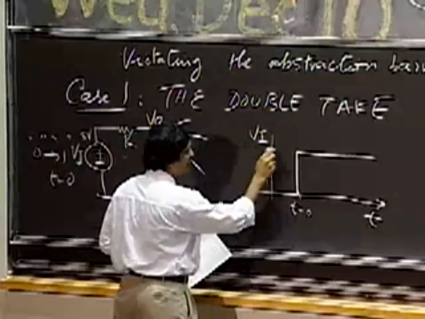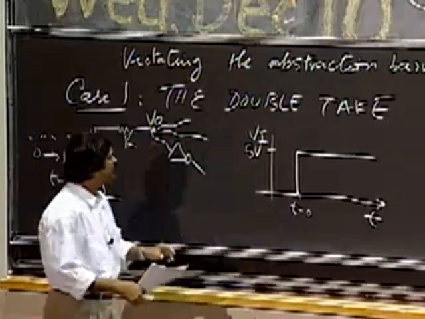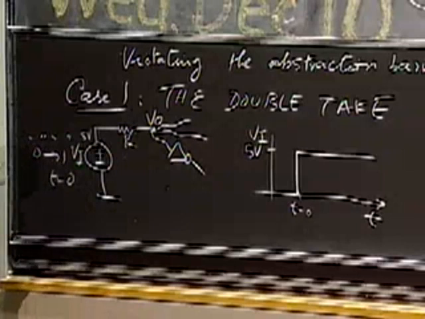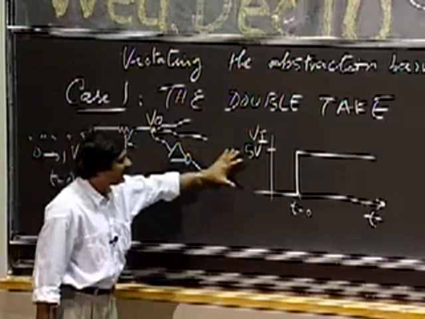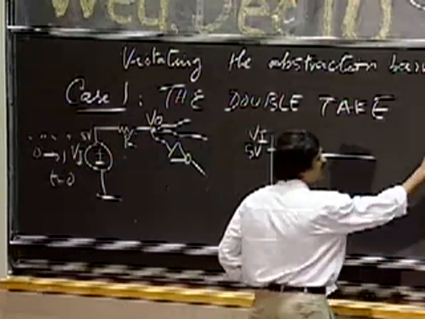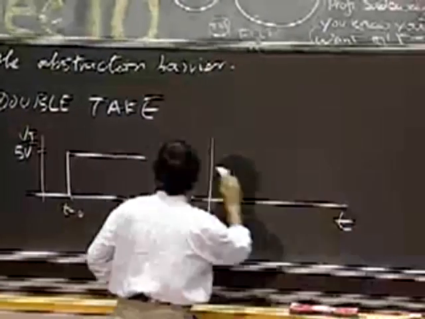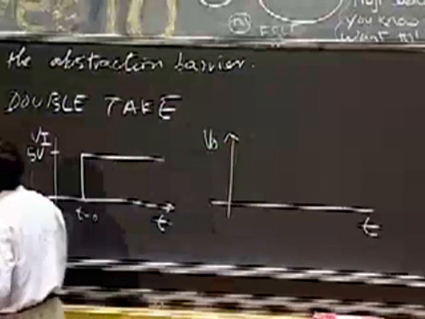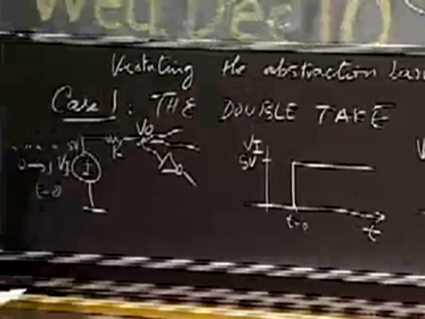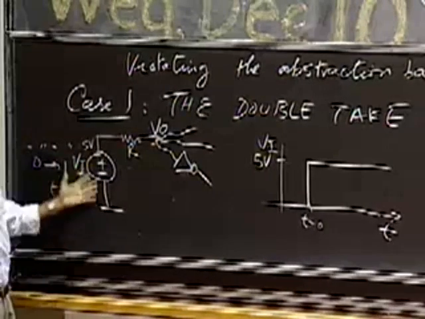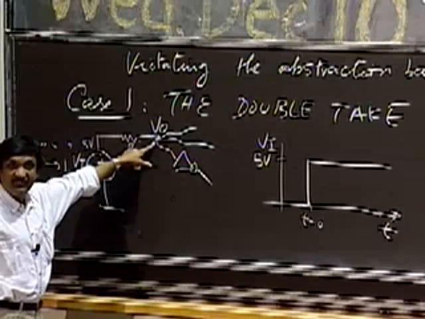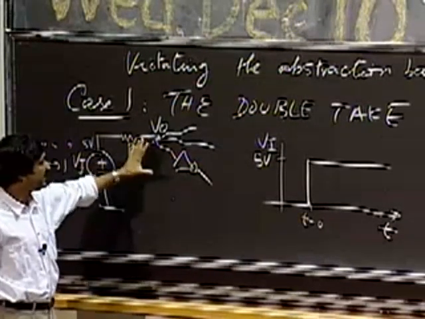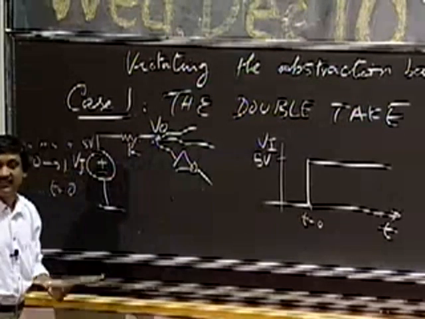So I expect that this input here, VI here, is going to go to 5 volts at t equal to 0. What do I expect at VO? At VO, based on a circuit abstraction, I get a step input here. I should get a step of some magnitude here, depending on what's connected in this direction.